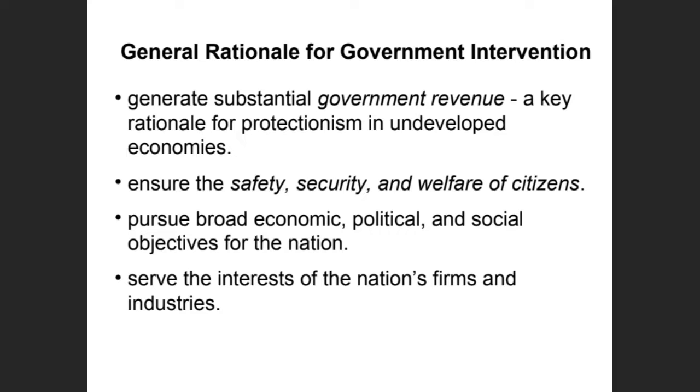And sometimes, as I mentioned, intervention can ensure the safety, security, and welfare of their citizens. And intervention is a means for government to achieve social, political, and economic objectives by designing regulations or policies that promote the development of homegrown industries. Finally, intervention can better serve the interests of domestic firms and industries.